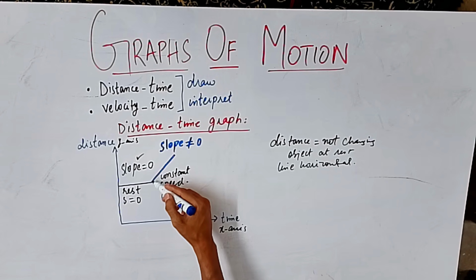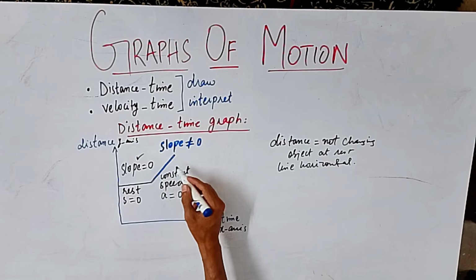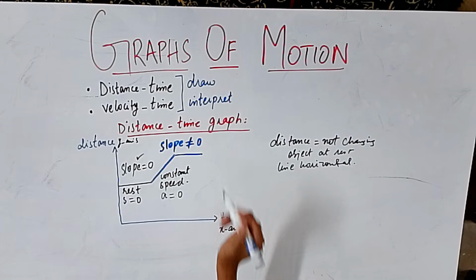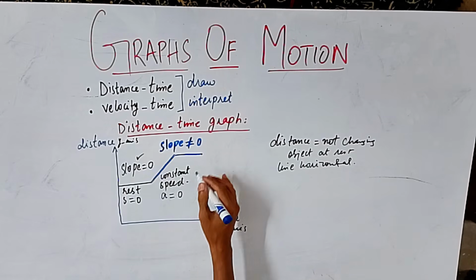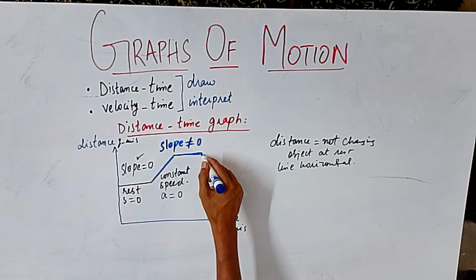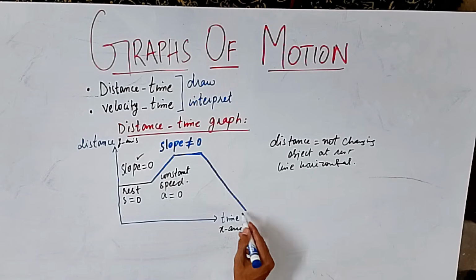The speed increases and then becomes constant, and again it could come to rest and you get a straight line. Again it becomes at rest. Now it will go down like this. What does this indicate?